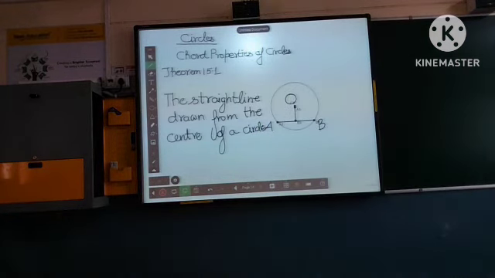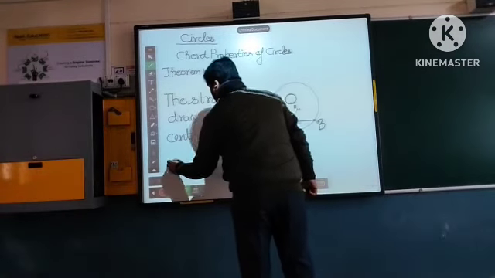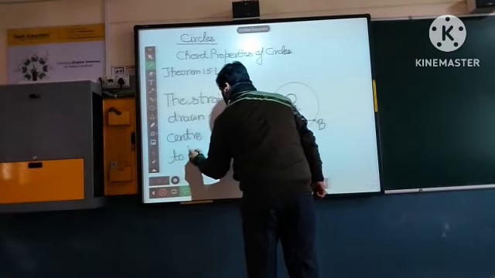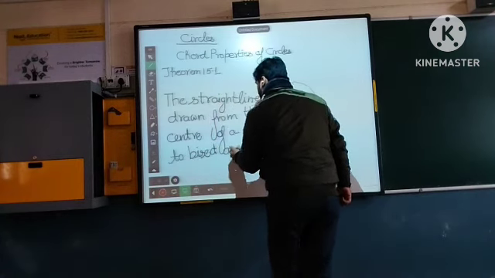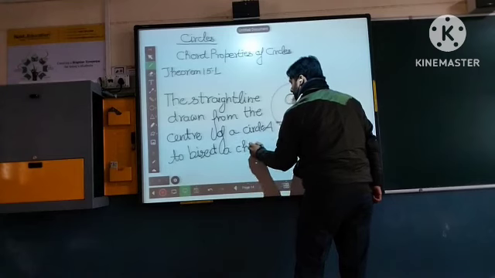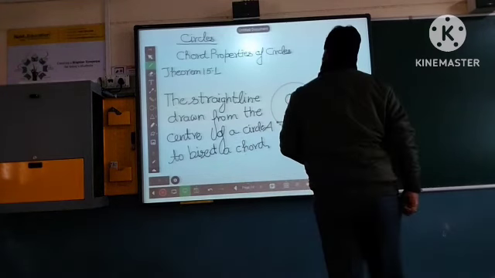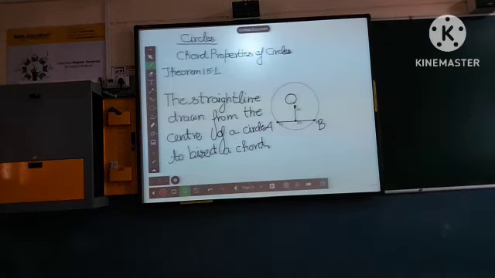So you can have the line drawn from that center to a diameter also, because the diameter is the biggest chord possible, but we're not doing this one. So this theorem is valid for all the chords but not the diameter. To bisect a chord, that's why in the bracket it is mentioned it is not a diameter.